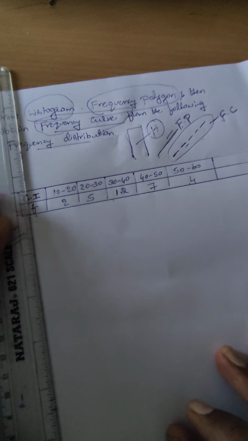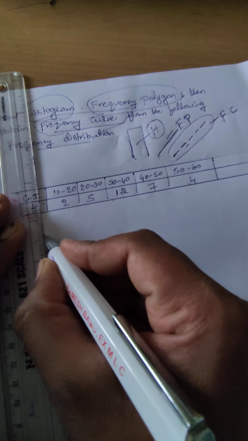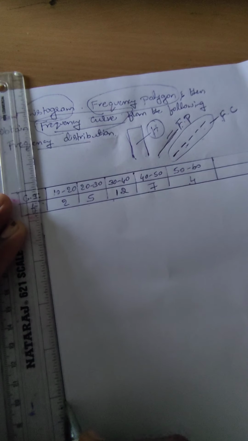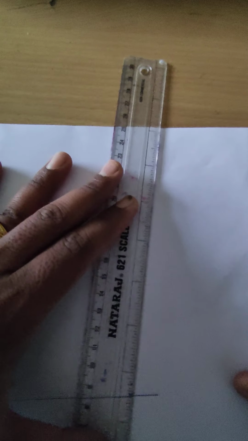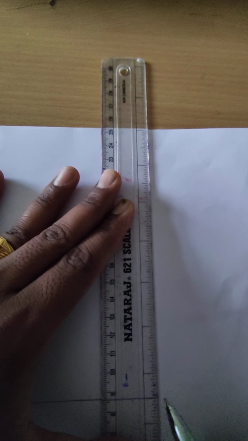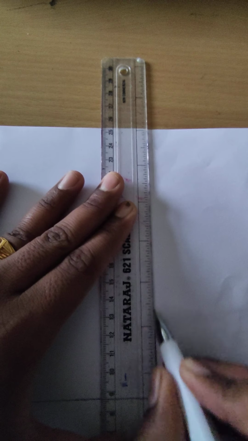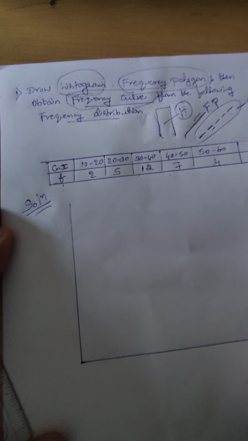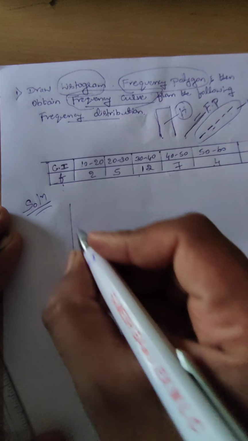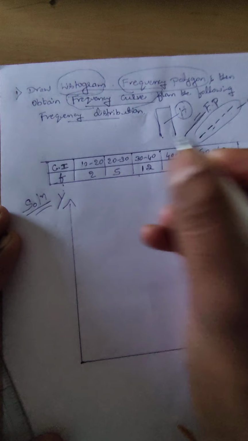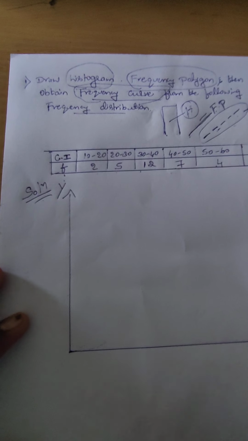There are two axes, the x axis and the y axis. The horizontal axis is the x axis, the vertical axis is the y axis.